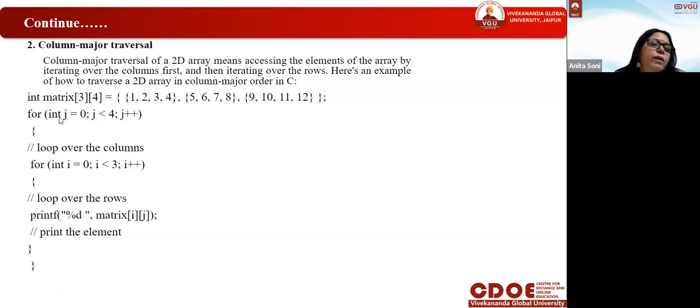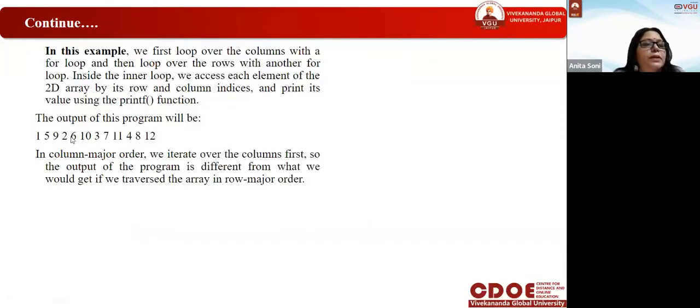Here there are 4 columns, so J represents the 4 columns. Inside the outer loop there is the inner loop I, and there are 3 rows, and you print like this. So the output would be 1, 5, 9, 2, 6, 10, 3, 7, 11, 4, 8, 12.